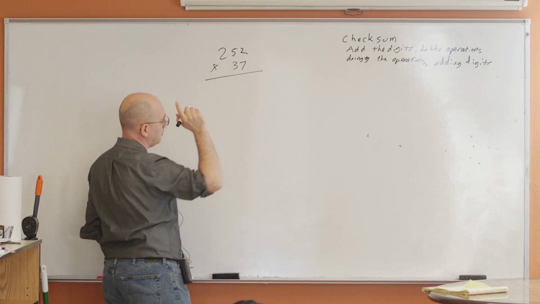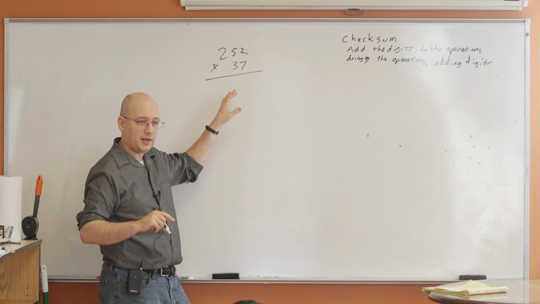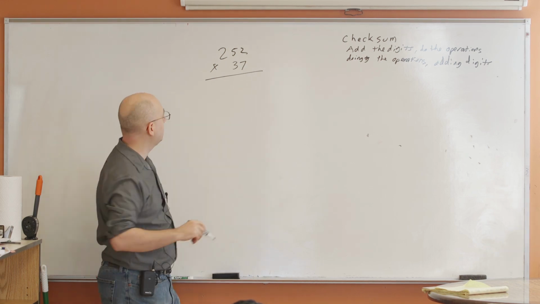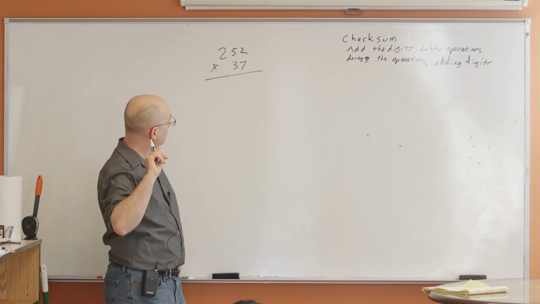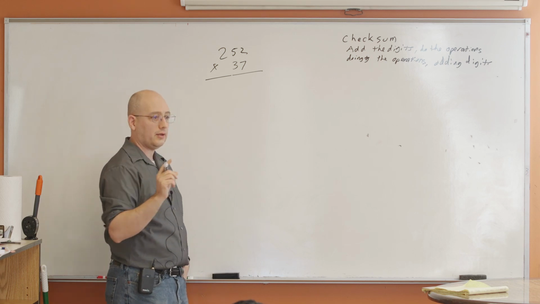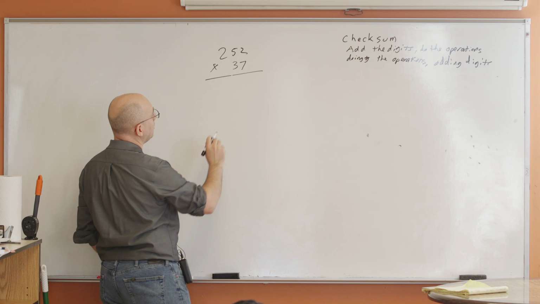Let's see. There's a couple things. One, how many digits are in the answer? Declan? 5. Yes. So we add that up and we get 5. Now, it could be less, right? One less, basically.